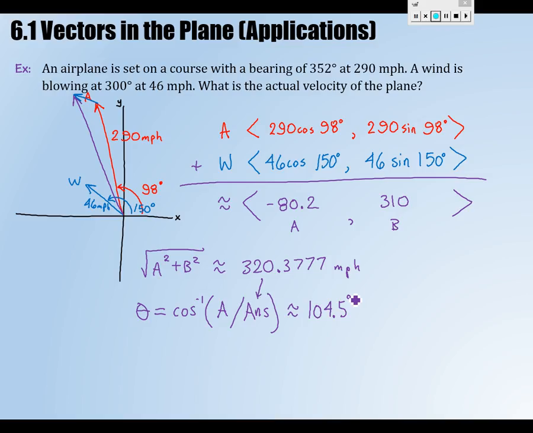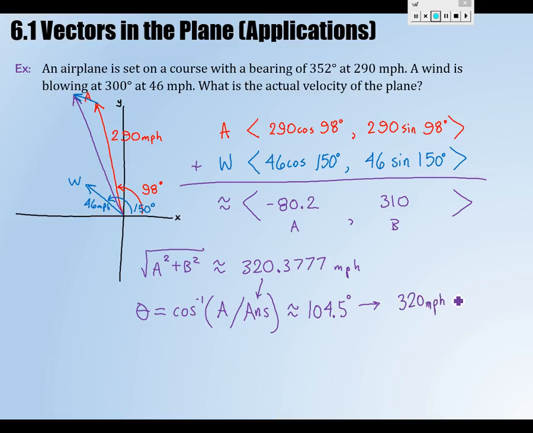So how would we find the big angle? 360 minus that. No, don't use any rounded values. So what do we get? 320. Let's do 3 sig figs now.